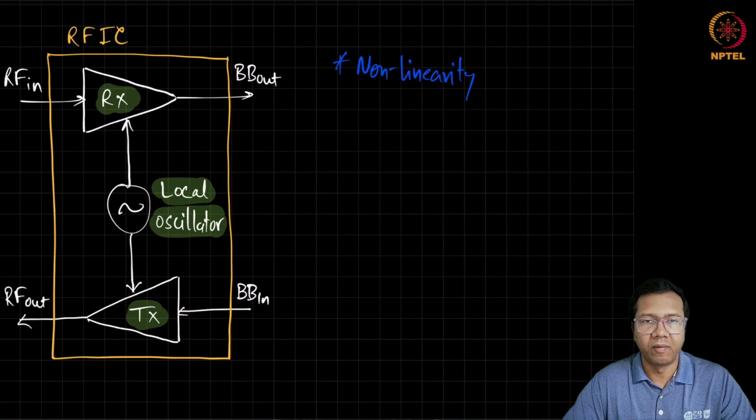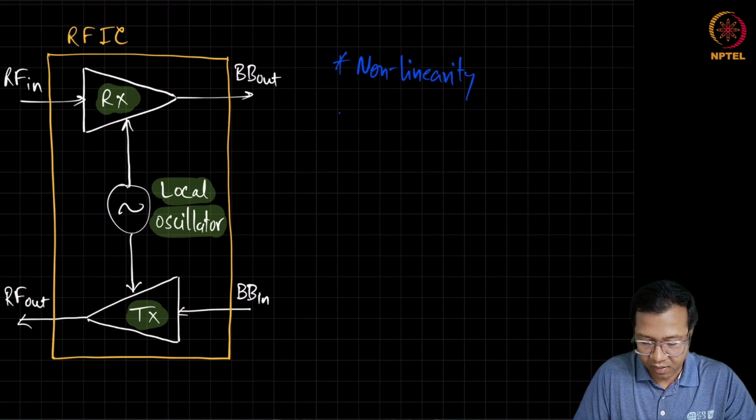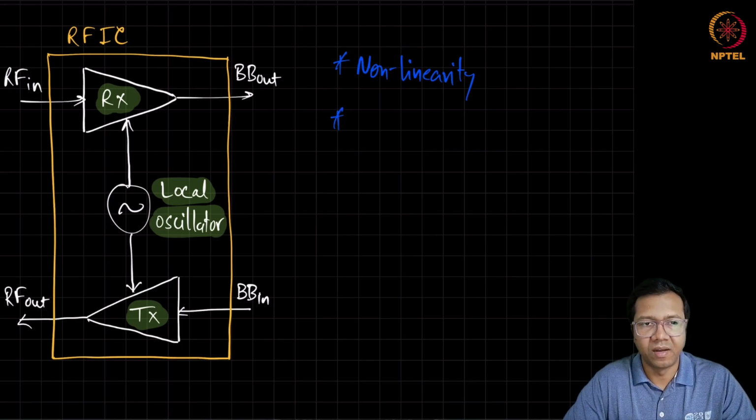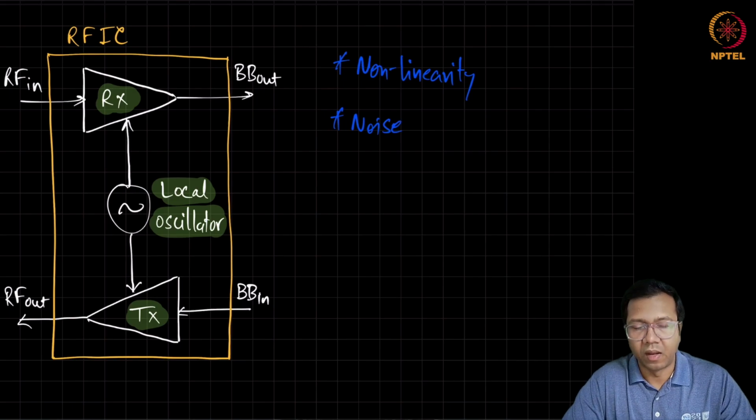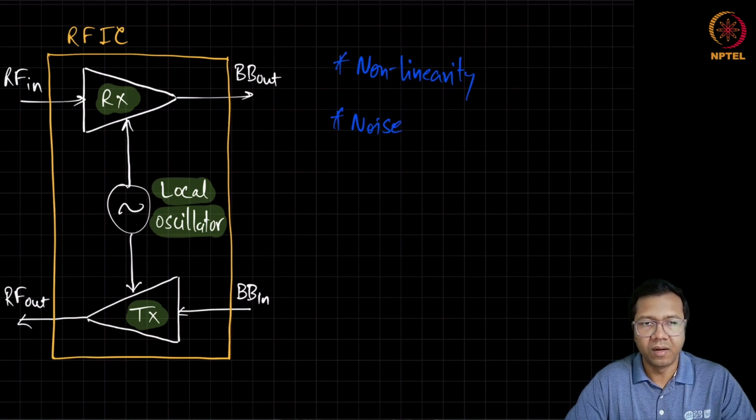Those active devices have non-linear nature. In addition to the non-linearity, any electrical circuit will also add an undesired signal called noise. Together, this noise and non-linearity can reduce the fidelity of the signal which is being processed by the RFIC. And we will try to understand how to control them and how to characterize the effect of nonlinearity and noise.